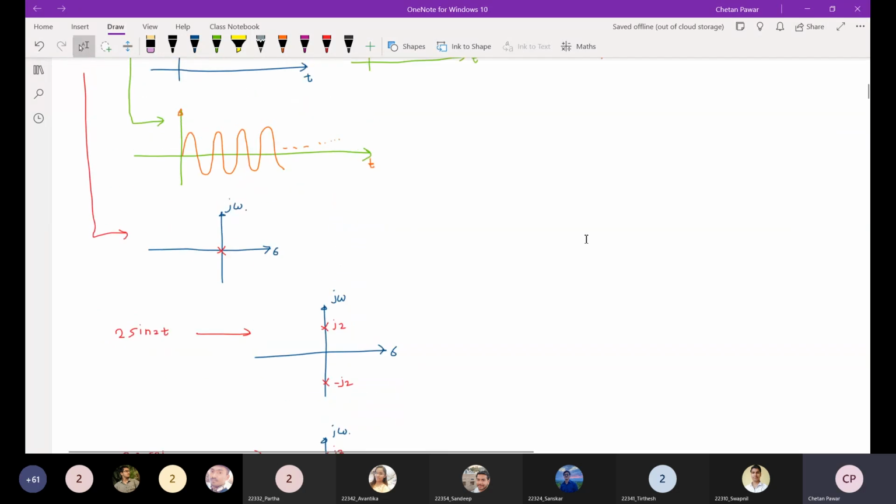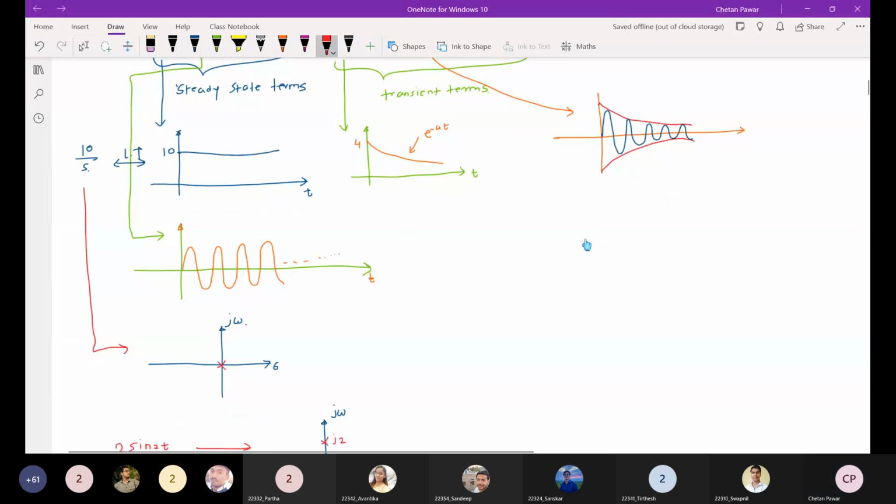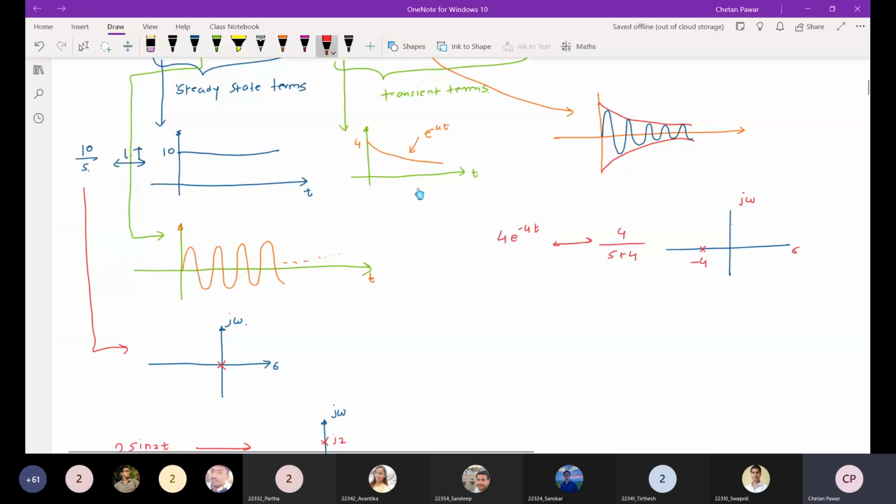Okay, we will draw the pole location for transient terms now. So the first term is, so what is the pole location here? So 5 into e raised to, second term.